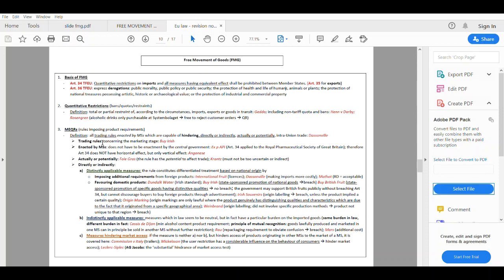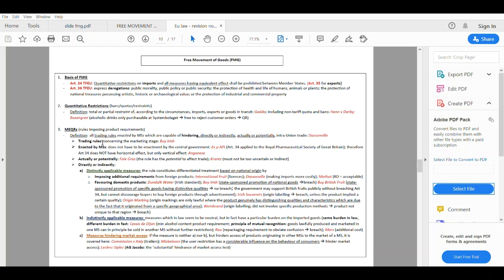And finally, in the case of Gourmet, it was held that a ban on advertisement is liable to impede access to the market for products from other member states more than for domestic produce, with which consumers are already familiar. Hence, such a prohibition would violate Article 34 of the TFEU.